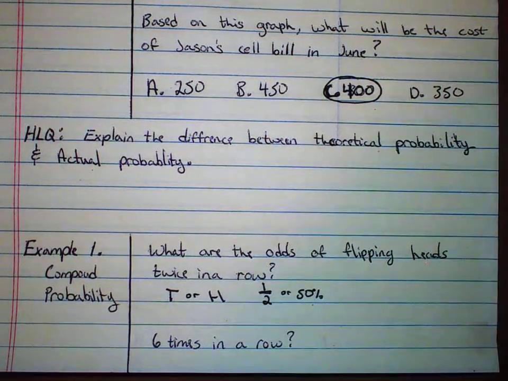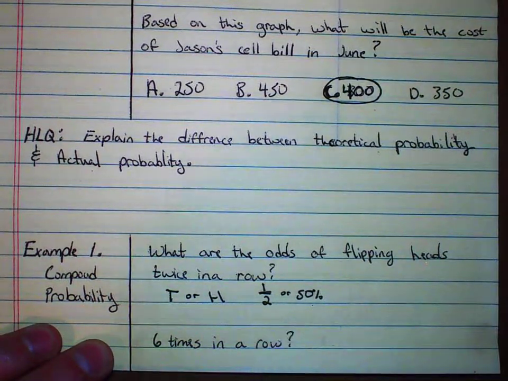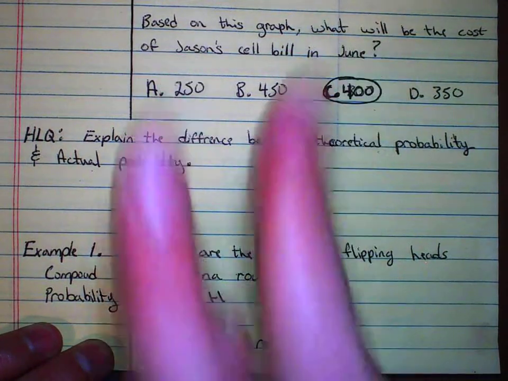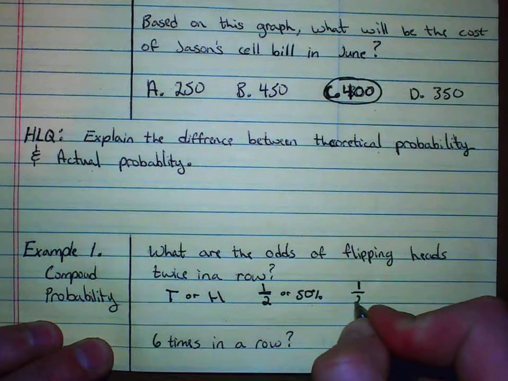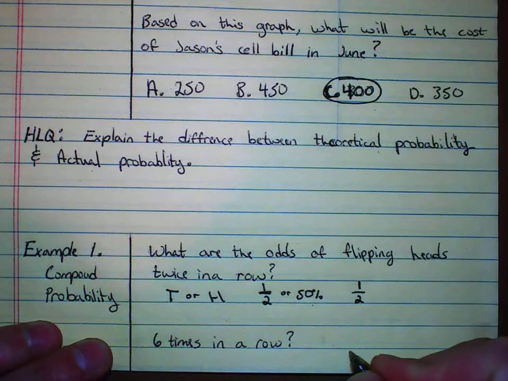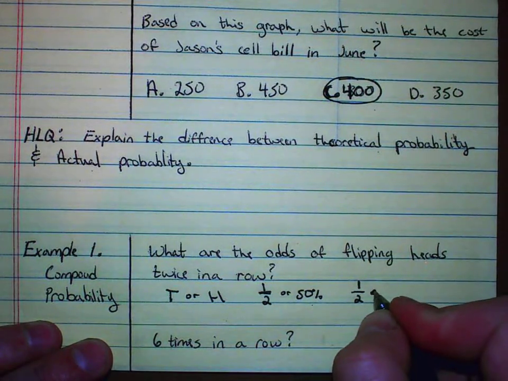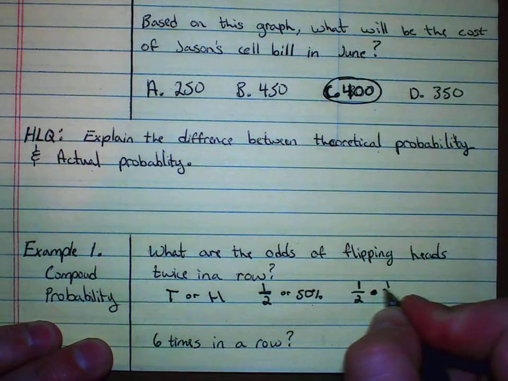The first time I flip a coin, these are my odds. But I'm going to flip the coin twice, so the first time you have a 1/2 chance. Well, if you're going to flip the coin again, you also have another 1/2 chance.